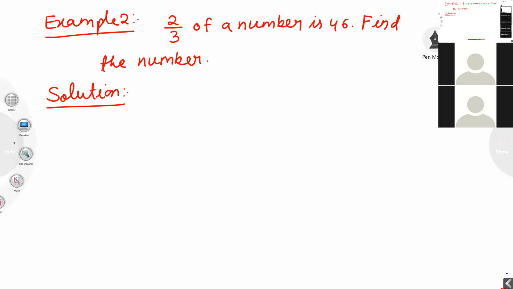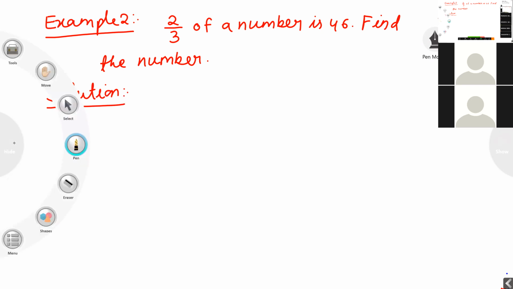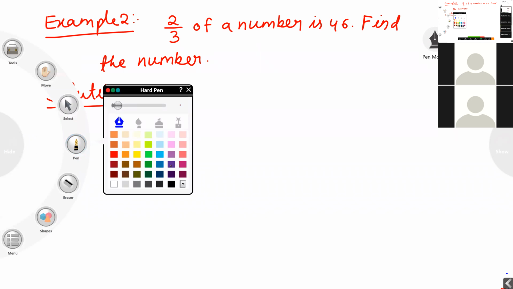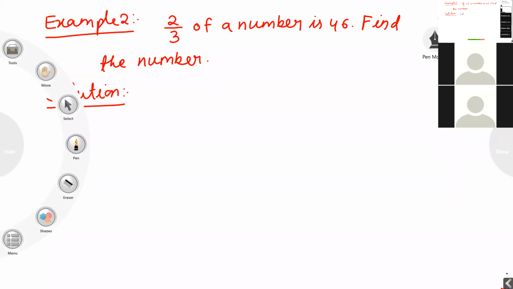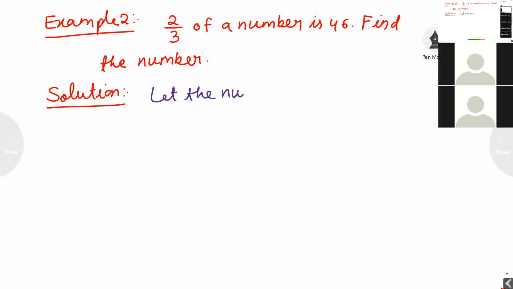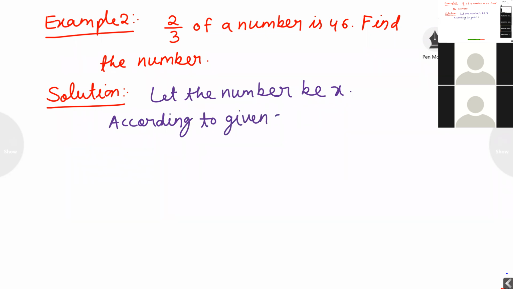Again, in this question, we don't know what the number is. Again, we will assume, let the number be x. Now, according to the given condition, he has given 2/3 of a number. 2/3 into the number is equal to 46.